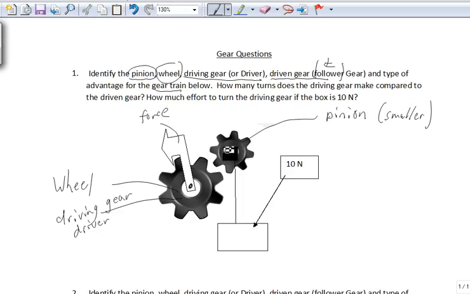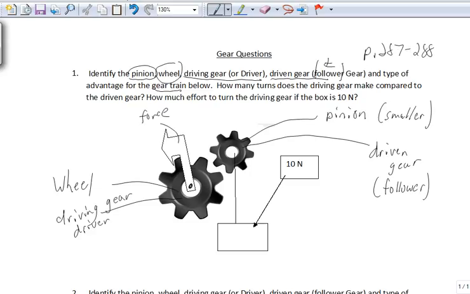So then this one will spin as a result, and so this is called the driven gear, or also called the follower gear. And so if you're having trouble with all this, have a look at page 287 and 288 in your book.